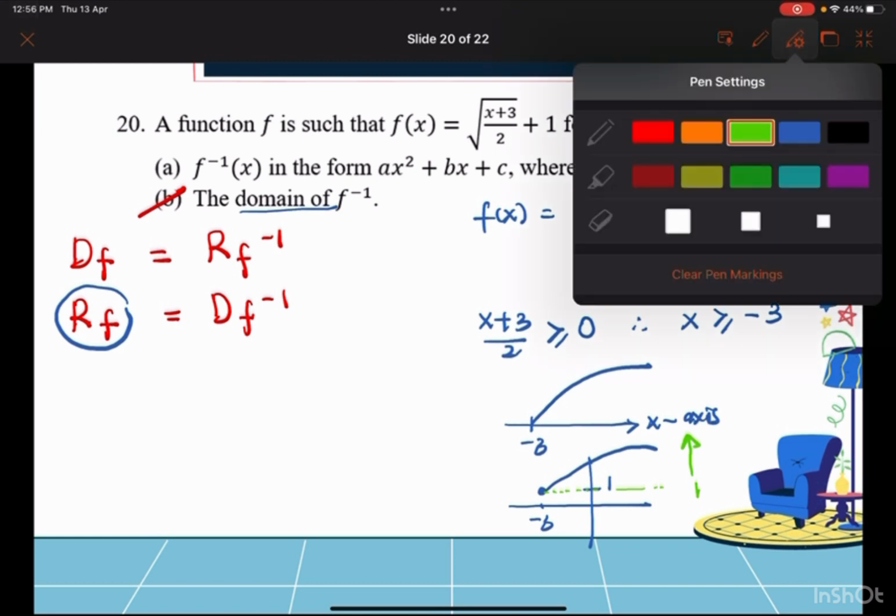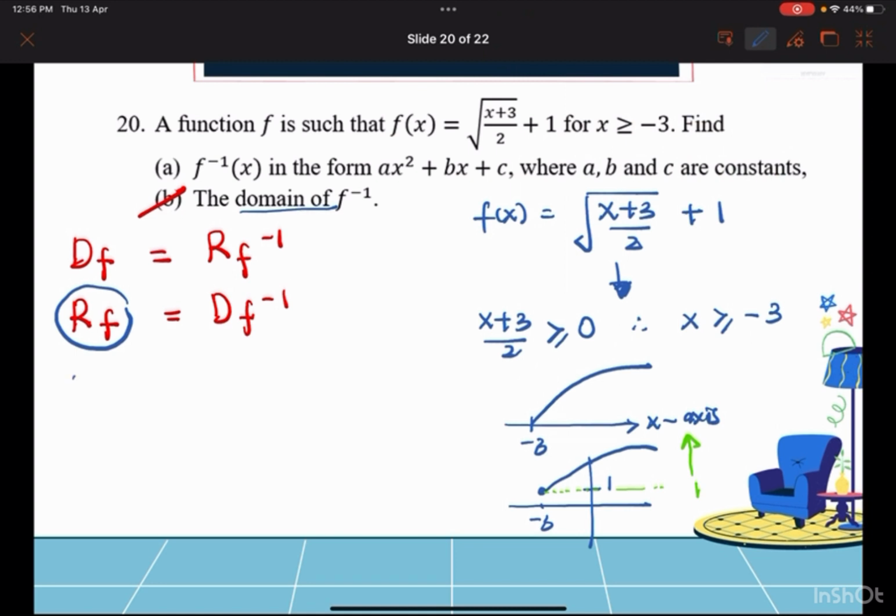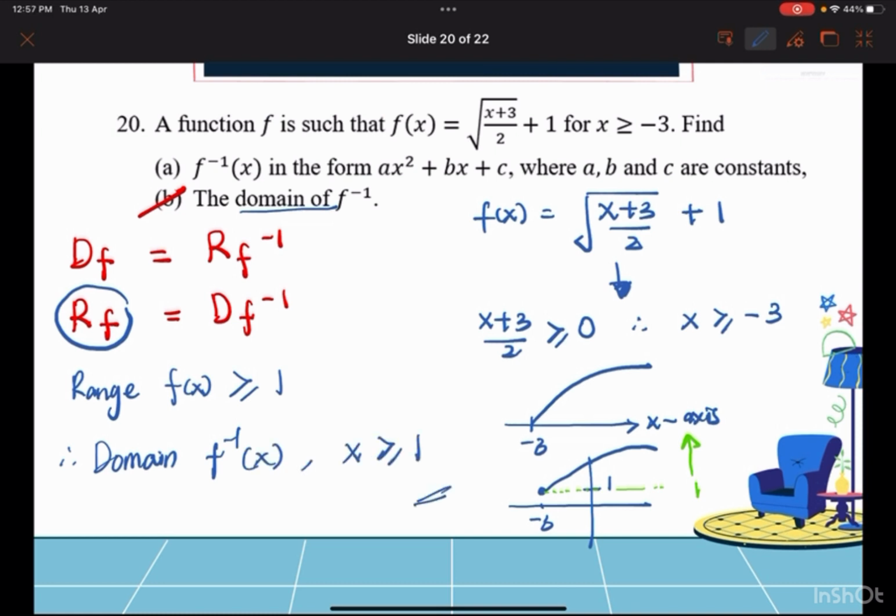Hence, we can deduce that the range of f(x) is greater than or equal to 1. However, we want to find the domain of f inverse, which can be written as x greater than or equal to 1. This is the solution for part B.